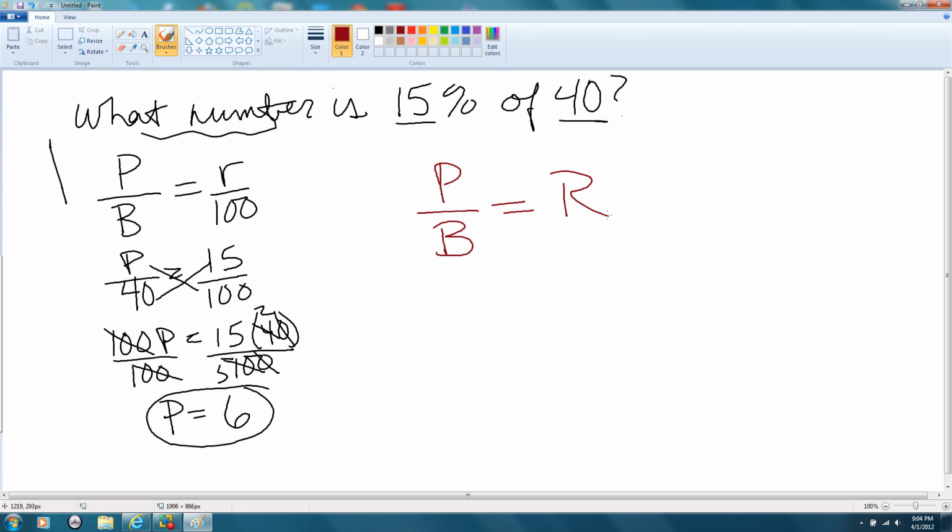But here, the rate is going to be expressed as a decimal. Okay? And if they give you a percent, you have to change it to a decimal. If they ask for what percent, the answer you're going to get is going to be a decimal, and you're going to have to change it to a fraction.